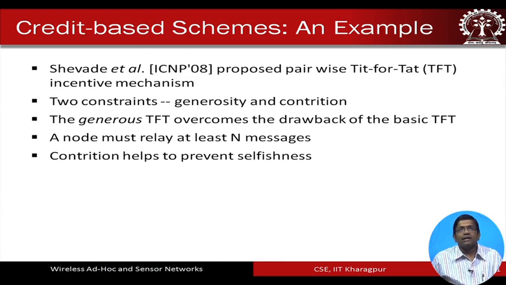Contrition basically prevents selfishness. Contrition is some kind of a remorse. That feeling of remorse is emulated in the different nodes through different algorithms in order to prevent selfishness in these networks.